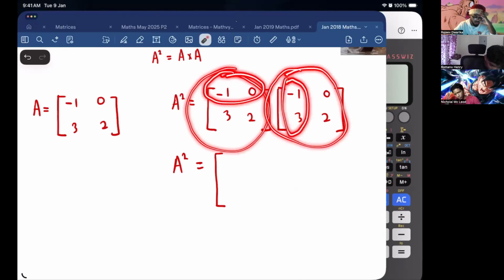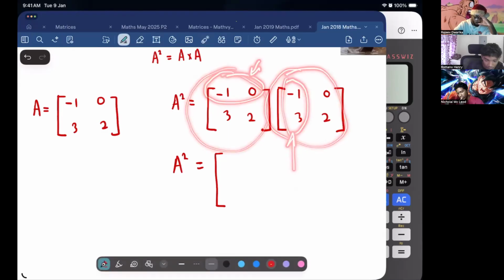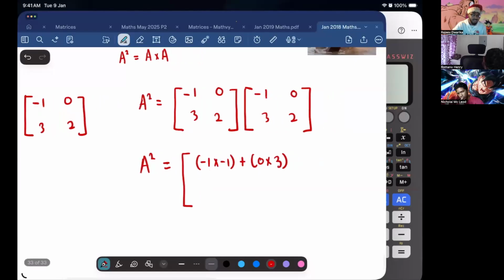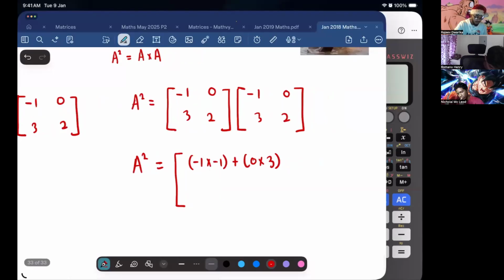Negative 1. What's the second element here? 0. What's the second element here? 3. So what am I going to write in the brackets? Negative 1 times negative 1, 0 times 3. You see, you're getting it. And you're going to repeat that same procedure with the 3 and the 2. 3 times negative 1.